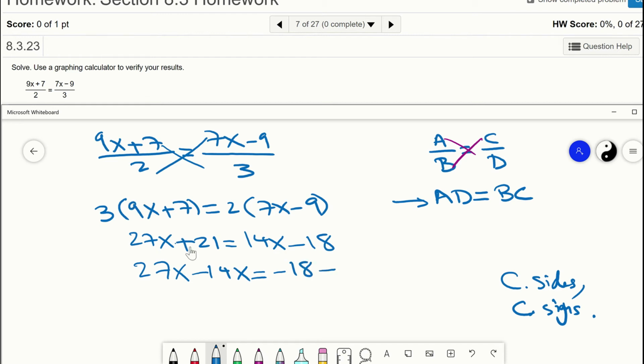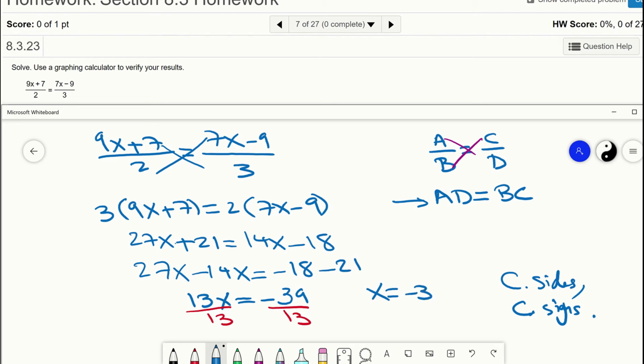But 21 moves from here to there, so it becomes negative. So negative 21. So we get 13 actually, right? 27 minus 14. 13x equals negative 39. Now we're just going to divide both sides by 13. So we get x equals negative 3.